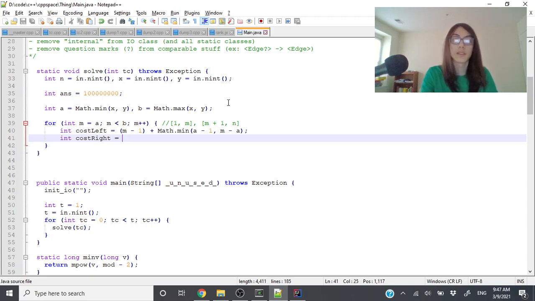So it should actually be n minus m plus math.min n minus b minus m plus 1. Right? Because m minus b, and then just doing small examples out of my head to corroborate things. Yeah. And 6 minus, so 3 and then 7. So then this would be 4 to 7. Yeah, okay.